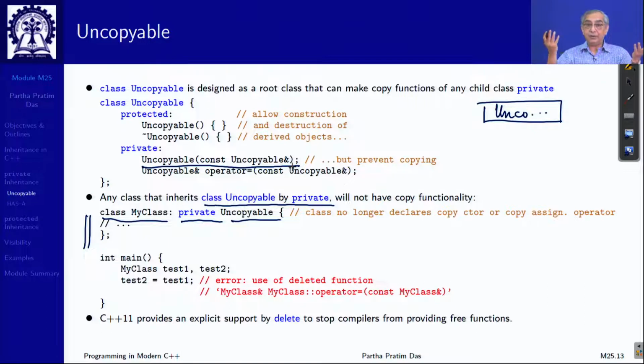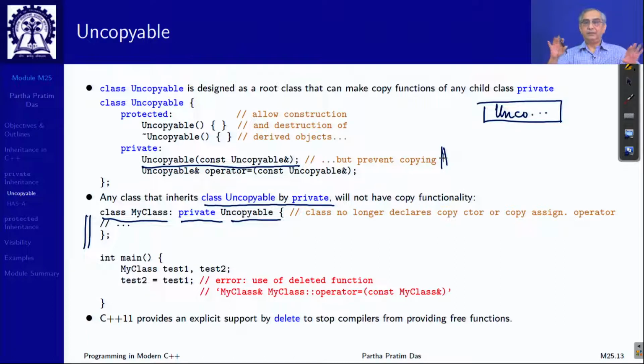So, it cannot call. So, if there is any attempt to copy objects of my class, the compiler will give me the free copy constructor, but that copy constructor will not compile, because it cannot use the copy constructor of the base class.